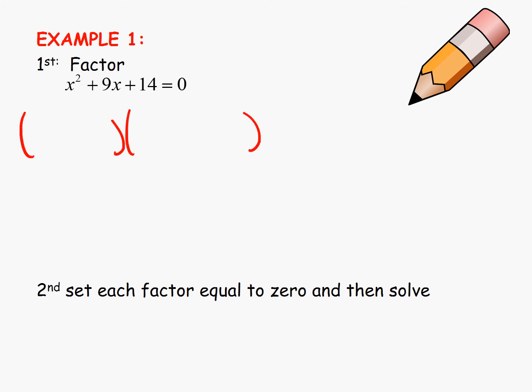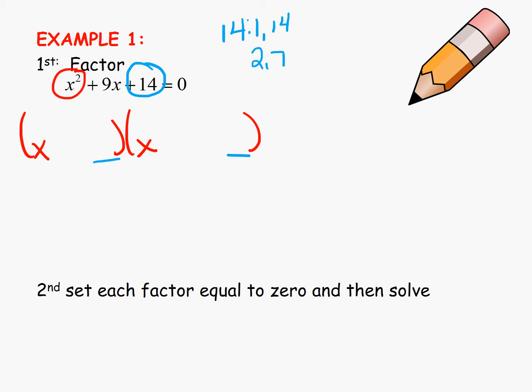We know the first thing times the first thing, or x times x, gets me back to this x squared. Now the last thing times the last thing has to multiply to 14. Well, the factors of 14 are 1 and 14 and 2 and 7.